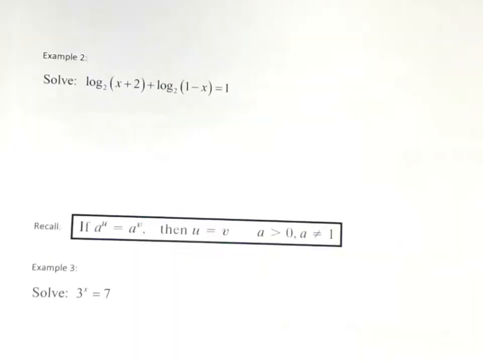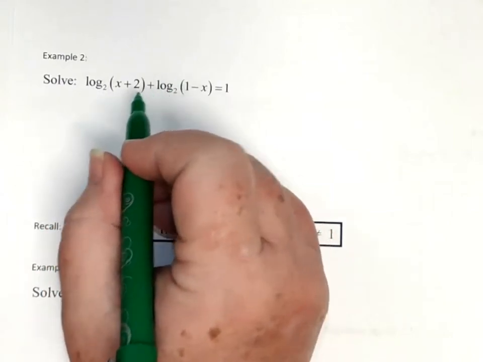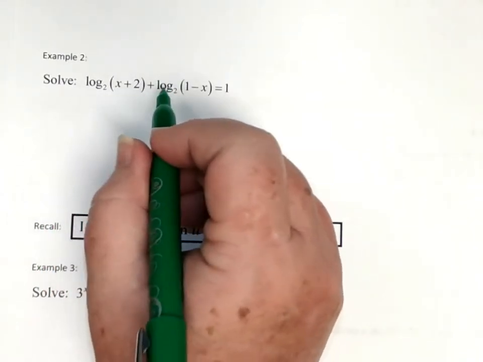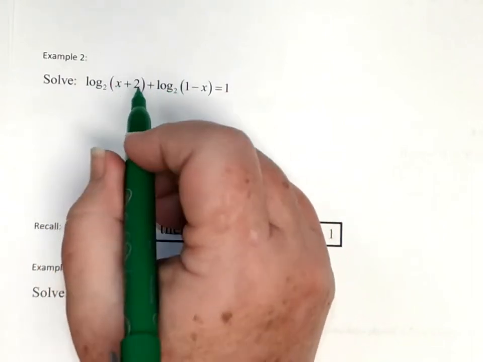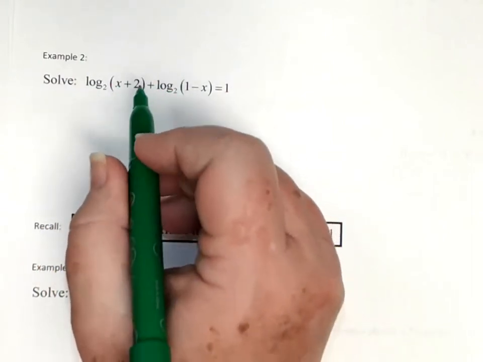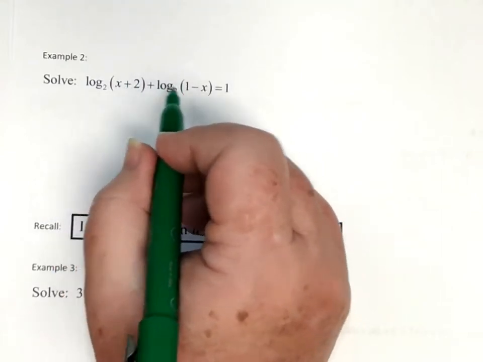Okay, let's take a look at this. Now on problem 2, I want you to notice that there are 2 logarithms that are added together. And we're going to need to simplify that down into 1. Remember back to section 5.5 when we used the sum, turning it into a product of the 2 arguments.